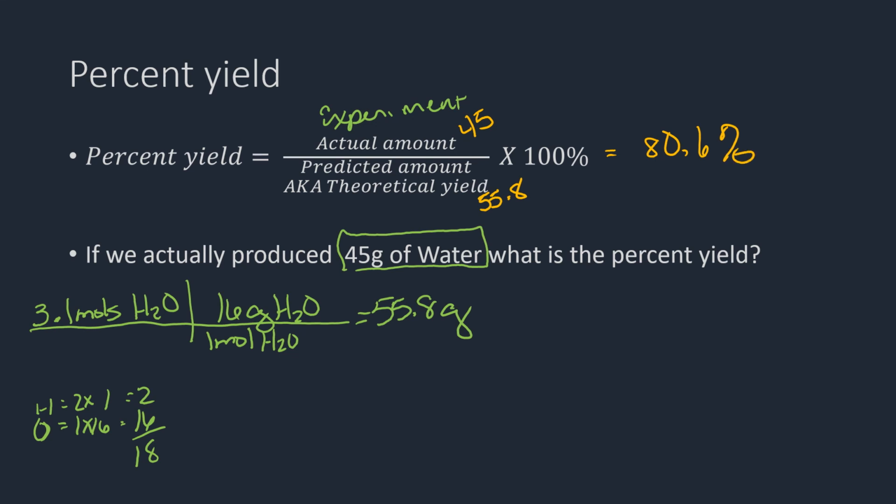Now, anything over 80% is considered good, particularly in a high school lab or a college beginning chemistry lab. Anything above 90 is awesome. Just know that we don't usually have the equipment to get anything above 80%, but 80% is usually considered really, really good. If you have any questions, let me know. Thank you.